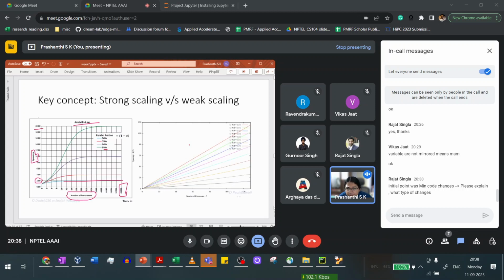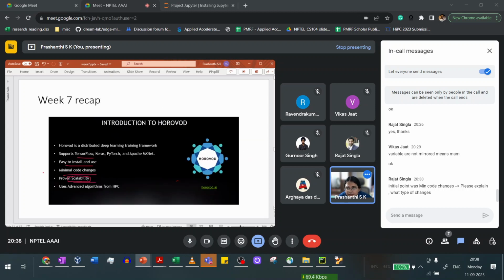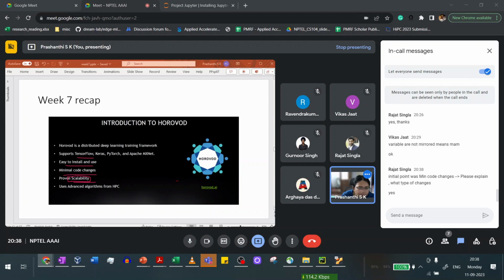Initial point was minimal code changes. This part, right? Horovod. Again, I think I would need a Horovod example to show that to you. Let's see what was in your course lectures.